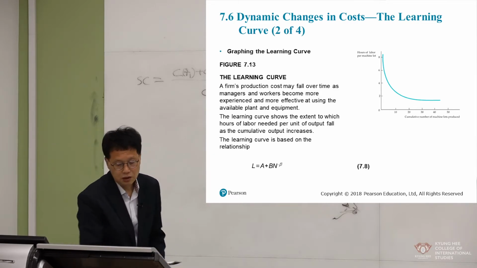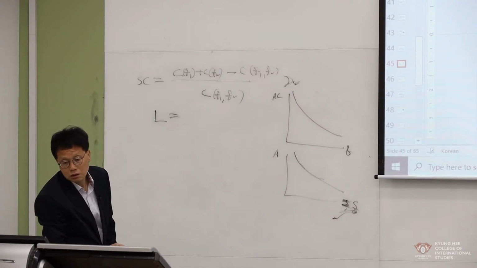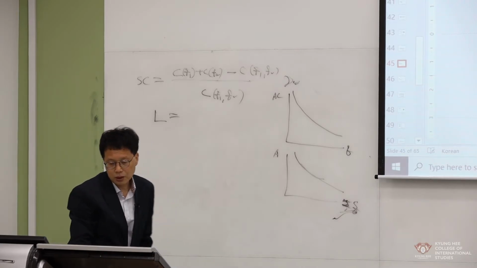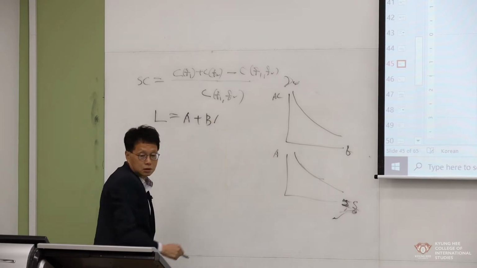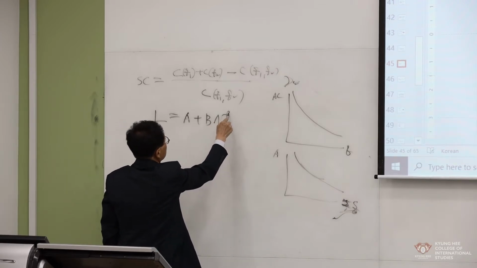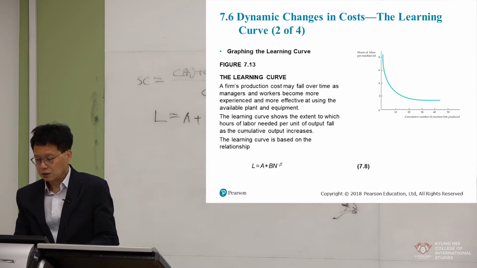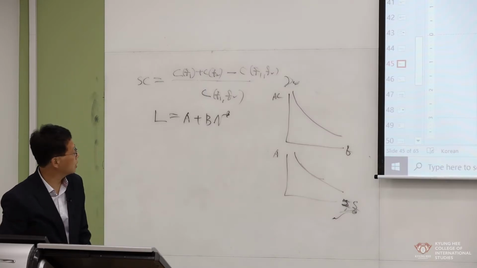The learning curve is based on a relationship like this. For example, mathematically, L is equal to A plus B n to the minus beta, for example, like this, right? Then we can graph this kind of thing. So usually economists use logarithms.